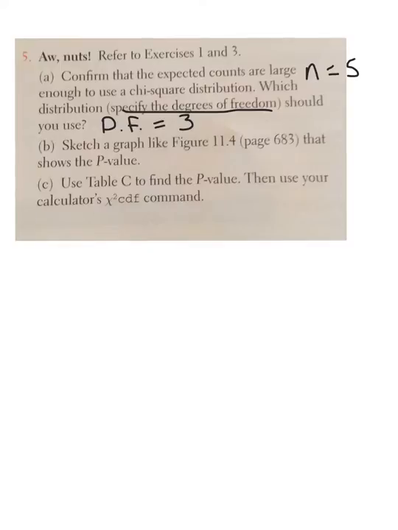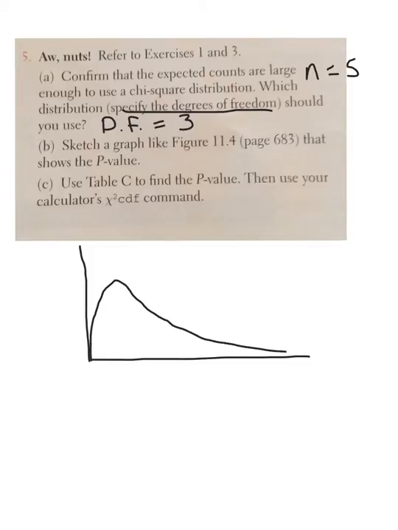And notice that it starts from 0, because we're seeing how far we are off, so we can't be off by a negative number. And it looks like for 3, it might look something like this, sort of. And I think that we're going to have a peak like this.